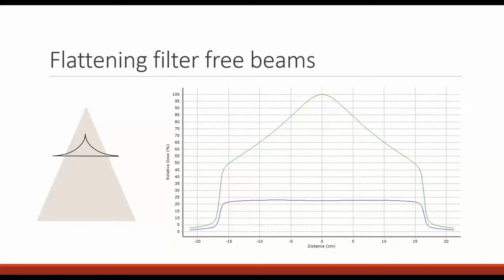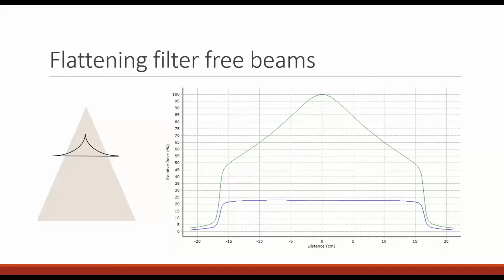The figure on the right shows the profile of the unflattened beam here in green, and in blue, the much flatter beam. In addition to flattening the profile of the field, it also attenuates the beam, resulting in a lower dose rate.